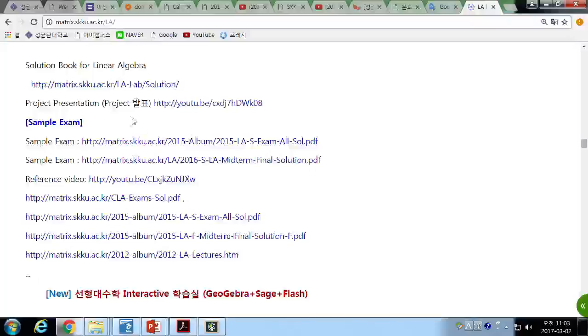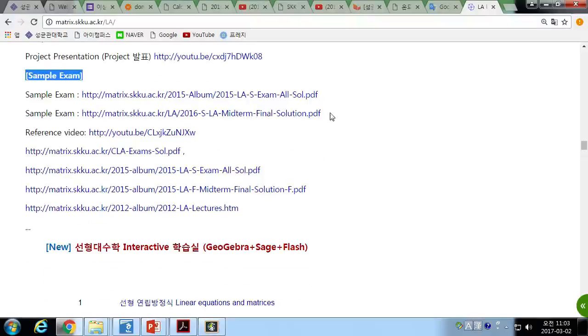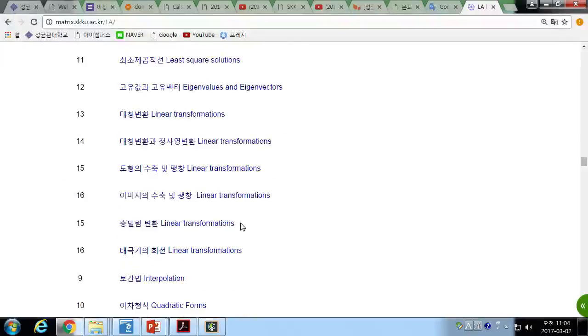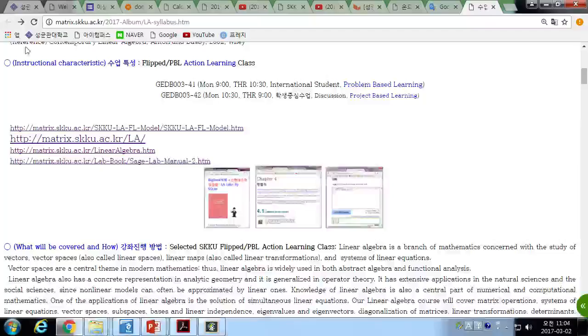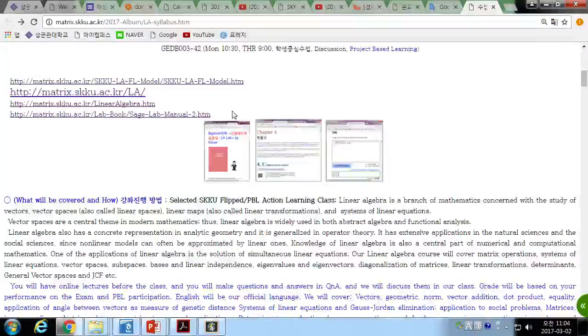And also other related content, including the sample midterm examination and sample final examination with the solutions, etc. So you have the full content even before the class starts. You are very lucky to be in a very well prepared learning environment, better than any other school.